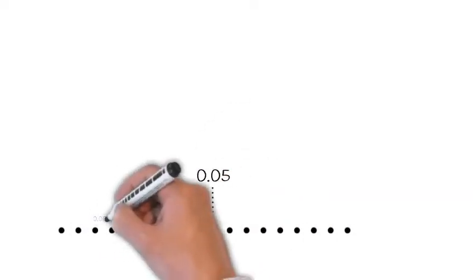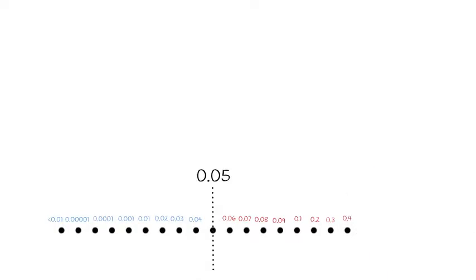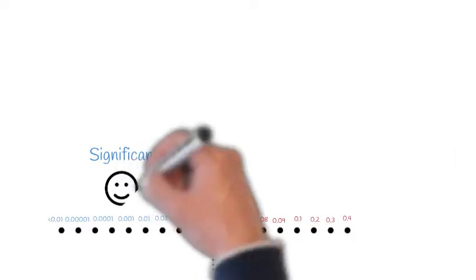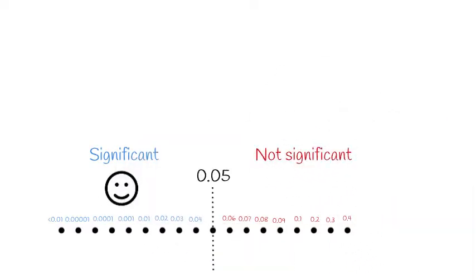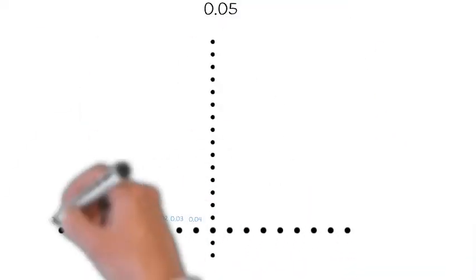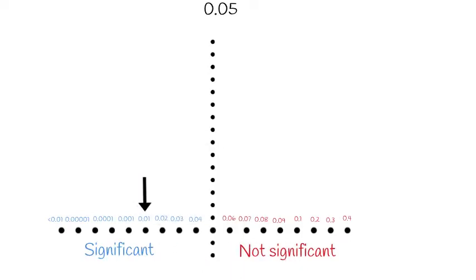Remember the p-value and the 0.05 threshold we talked about in our previous video. Here you can see that the role of statistical analysis is to tell you that you are on the significant side or on the non-significant side. So it is either the blue or the red. Let us say we analyzed the data and we got a p-value of 0.01, a significant p-value, or in the blue side.